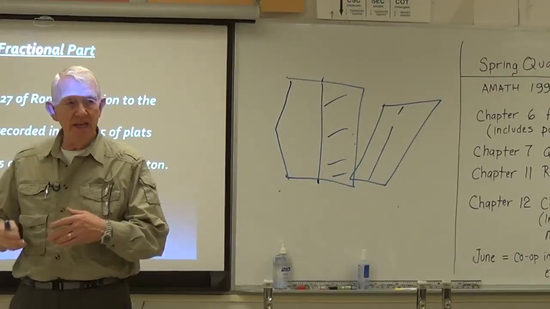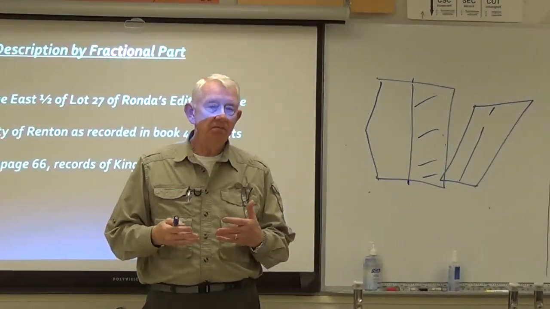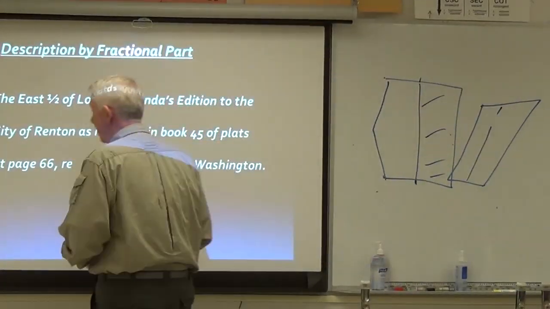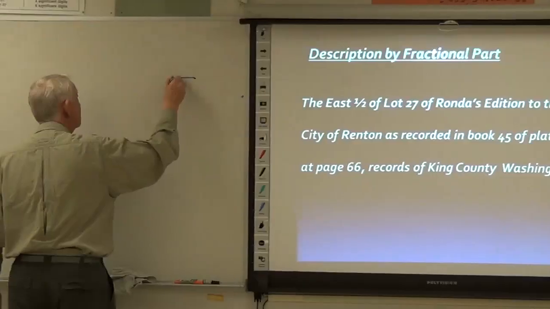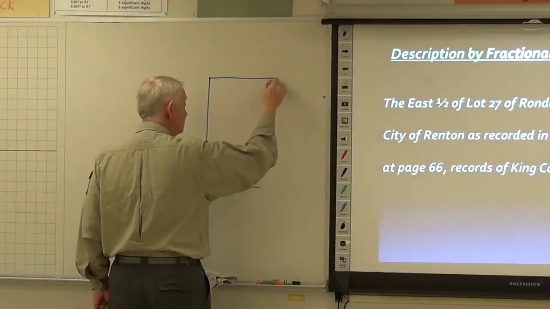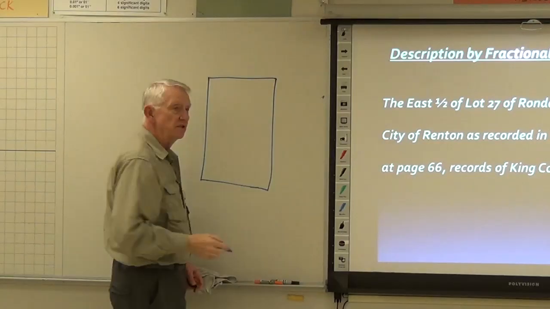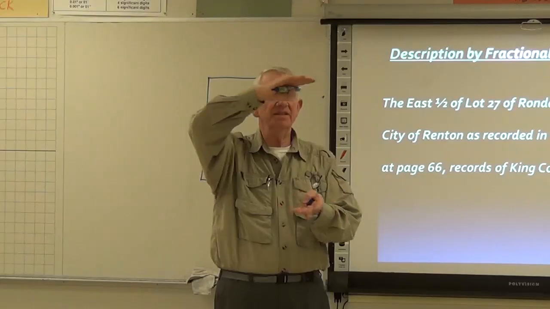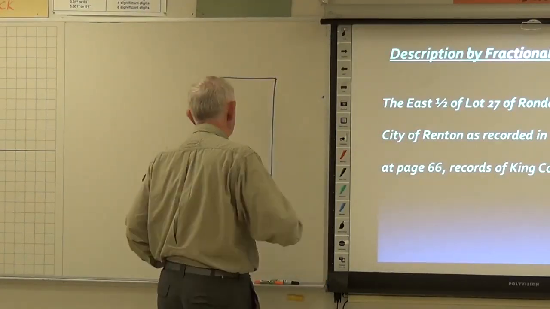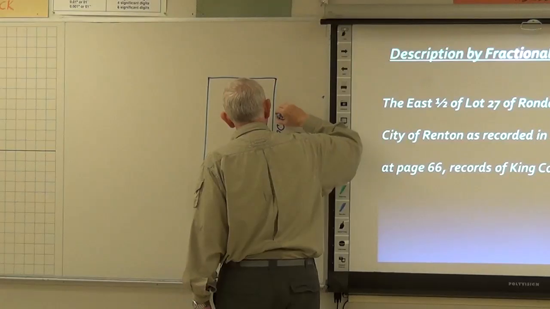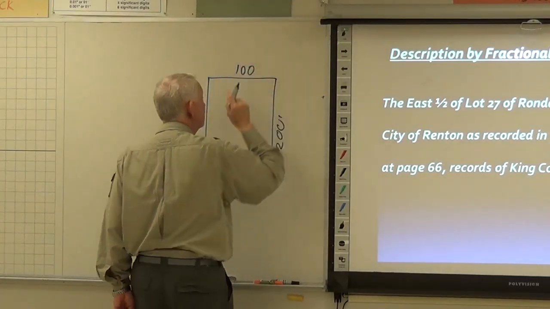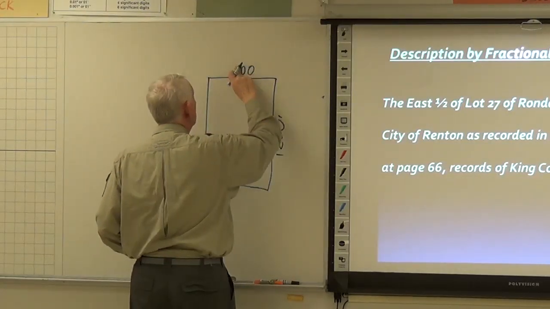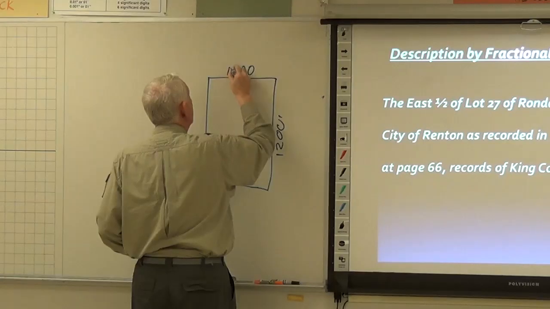So let's say that we have a nice, neat property that was done in 1968, and the sides are north and south, and the other lines are east and west. And it's 200 feet long and 100 feet long. Or let's make it a little different: 1,200 feet long and 1,000 feet long.